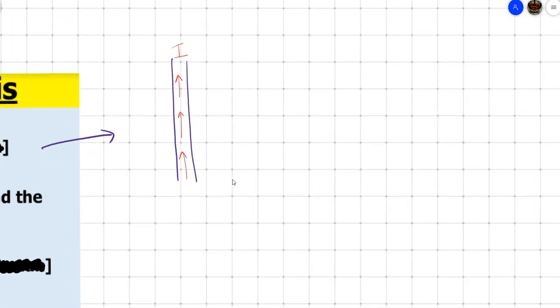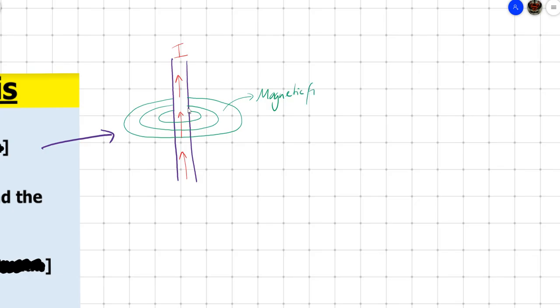Now when current is going up through the wire, something is created around the wire. It looks like this, a circular pattern created around it, and this here is the magnetic field.